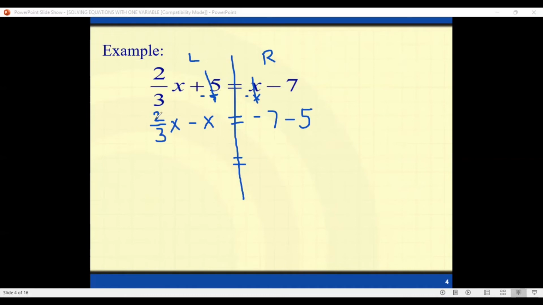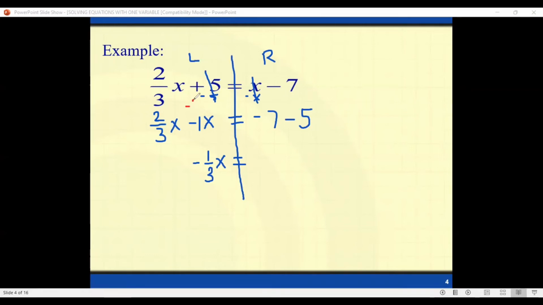So what is 2/3 minus x? So the answer for that is, of course, negative 1/3 of x. Now, if you are confused with that, remember the numerical coefficient of your x here is understood to be a negative 1. So this negative 1 will have to be changed into its improper form. So we have to change that negative 1 into a negative 3 over 3.